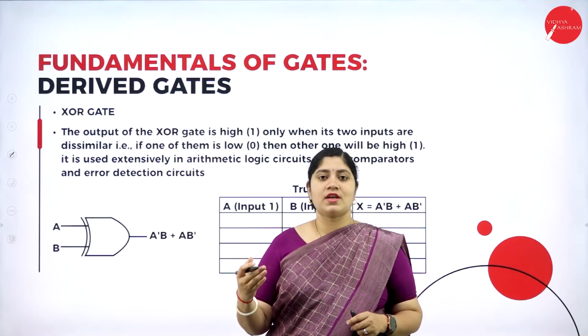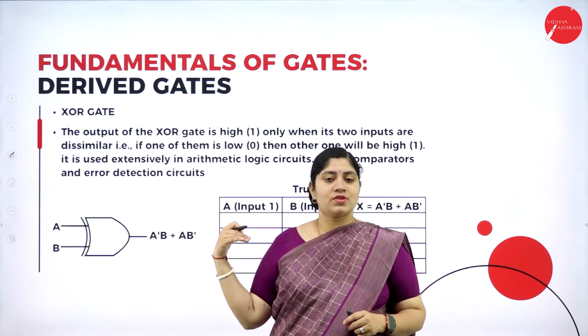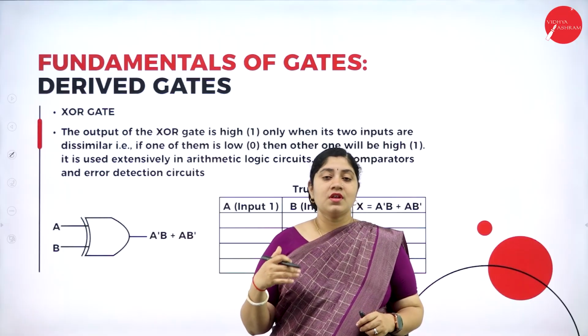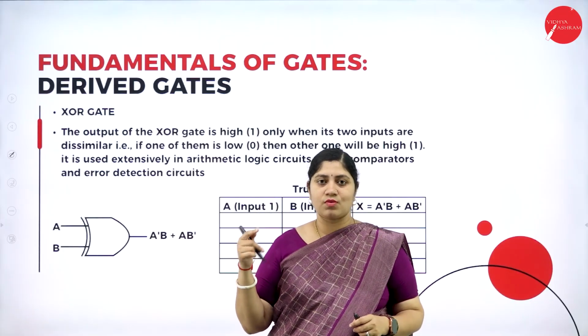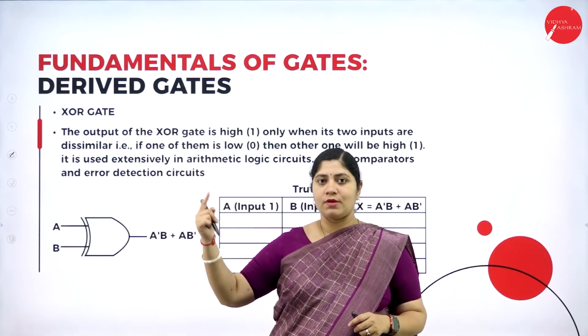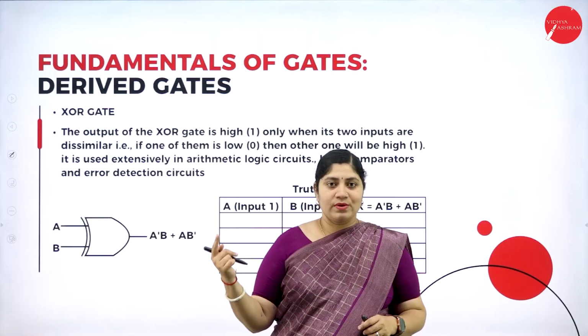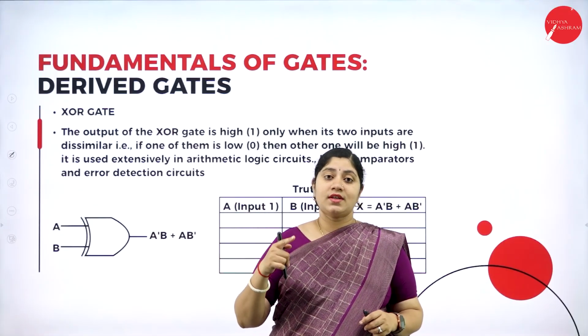With respect to practical applications, there are multiple which use the XOR gate even in your daily life, that is the two-way switches that you use. When either of the switches is on, only then will your bulb glow or your appliances work.